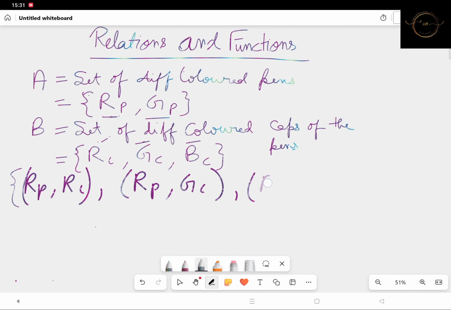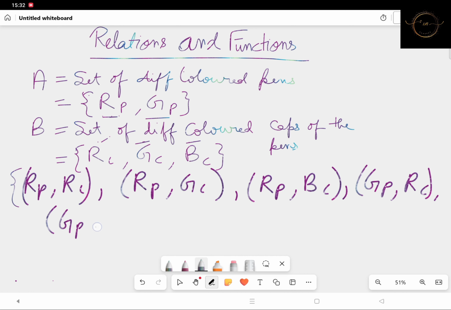Again we can make red pen and black cap as one combination. So over with the red colored pen. Now start with the green colored pen, that is GP comma RC, GP comma GC and GP comma BC.